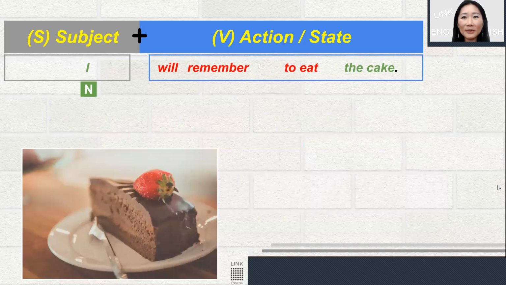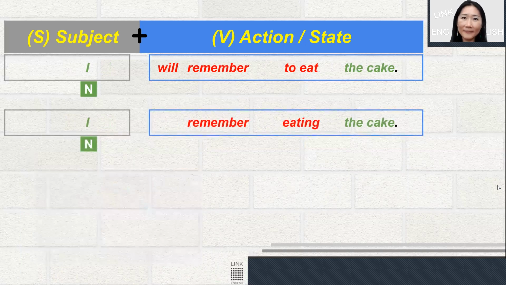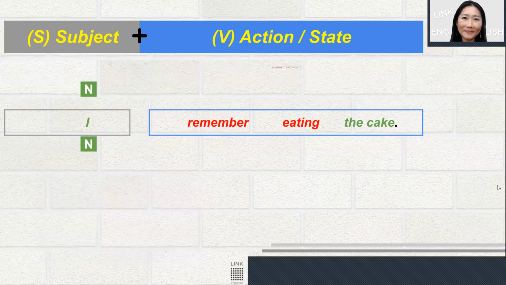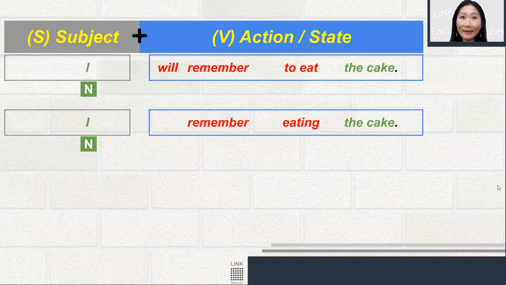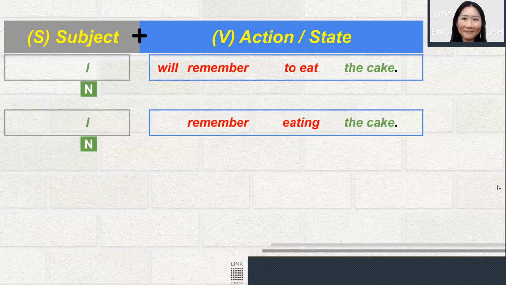I will remember to eat the cake. I remember eating the cake. Remember the first one? The cake is on the plate. And the second one, the cake is gone. Okay, a similar situation to the previous one. If the first verb is remember, then you have to be careful about the second verb.